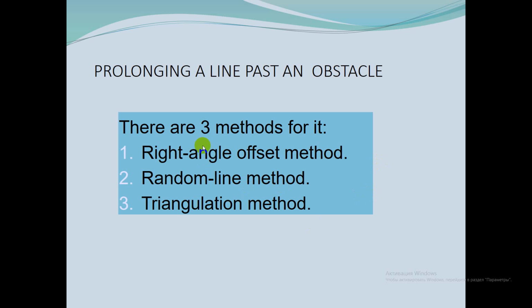So, prolonging a line past an obstacle. How? There are three methods: a right angle offset method, a random line method, and a triangulation method.